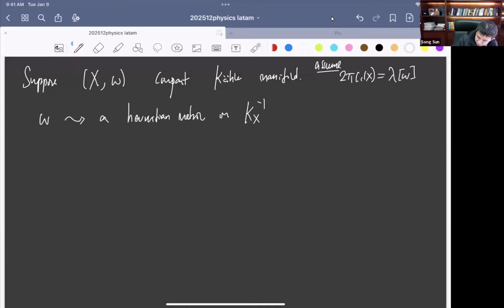So that means lambda omega is in the first Chern class of K_X inverse. So it has to be the curvature of a Hermitian metric. Okay, with curvature minus lambda omega.